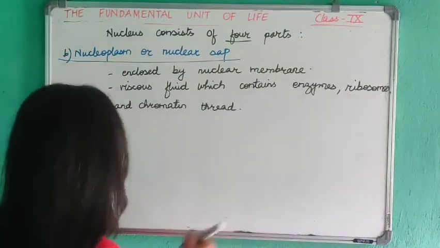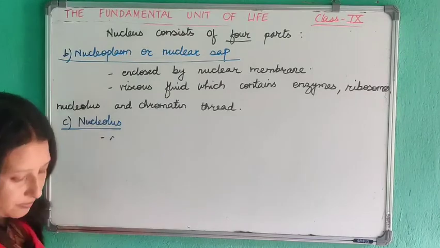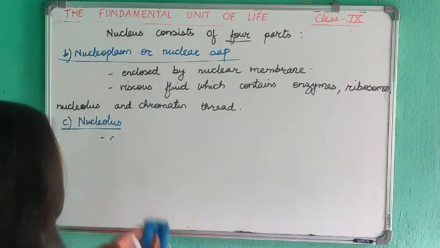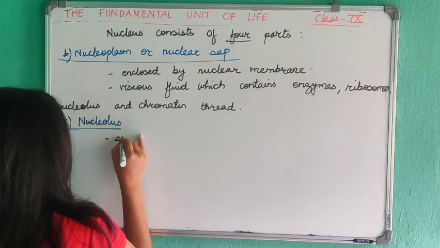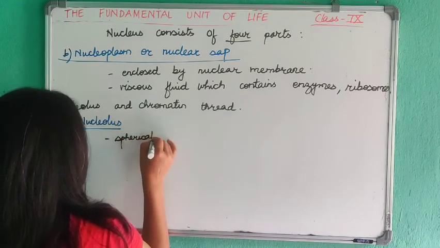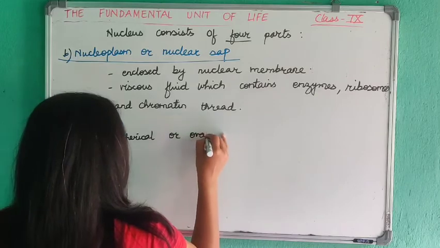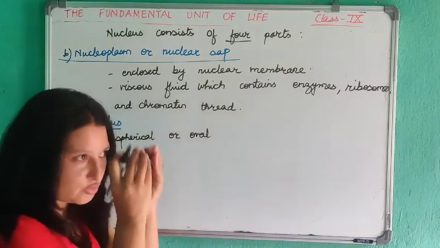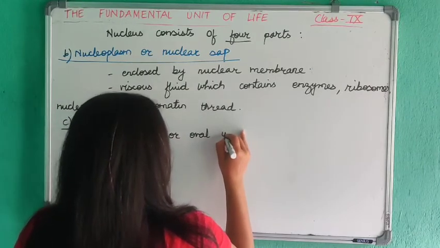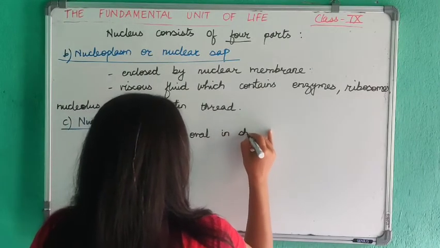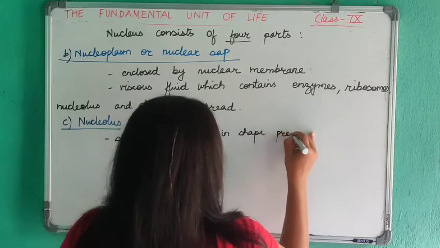Okay, nucleolus is spherical or oval body. Spherical भनेको गोलो, oval भनेको चाहिँ अन्डा जस्तो. Have you seen eggs? कस्तो चुचुचुचु हुन्छ नि, tapering in the ends. So it is spherical or oval in shape, present in the nucleus.